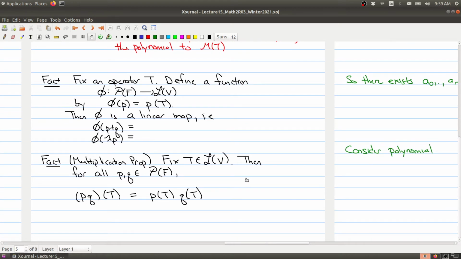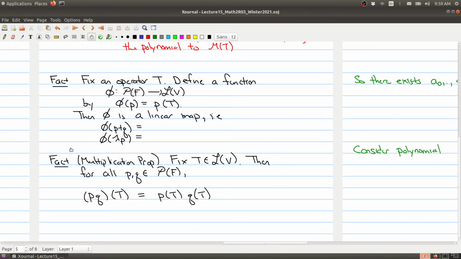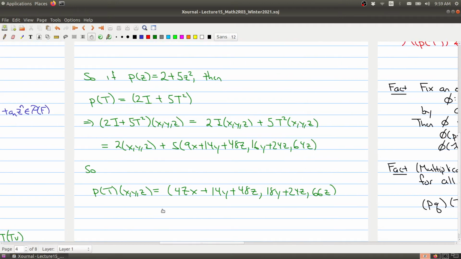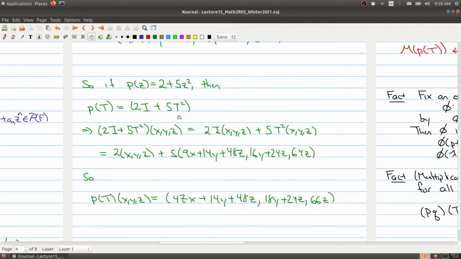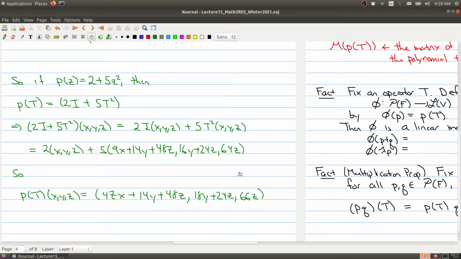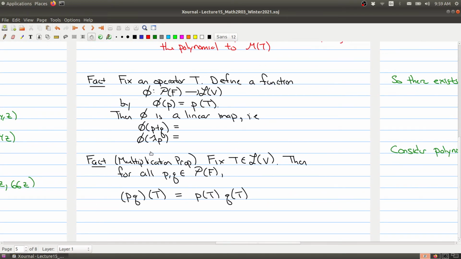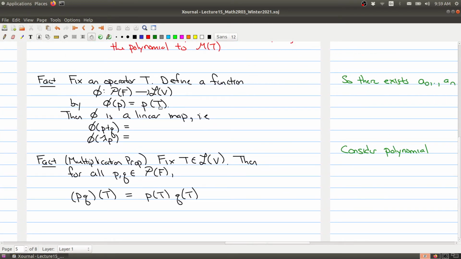And a couple last facts here that are kind of useful about this is once you fix a linear operator, you can define a function from the set of all polynomials to the set of linear operators by taking the polynomial p and taking the corresponding linear operator, right? So that's what we were doing here. We were thinking of taking this polynomial and mapping it to this linear operator. And it turns out that this map is actually a linear map, okay? So remember what that means.